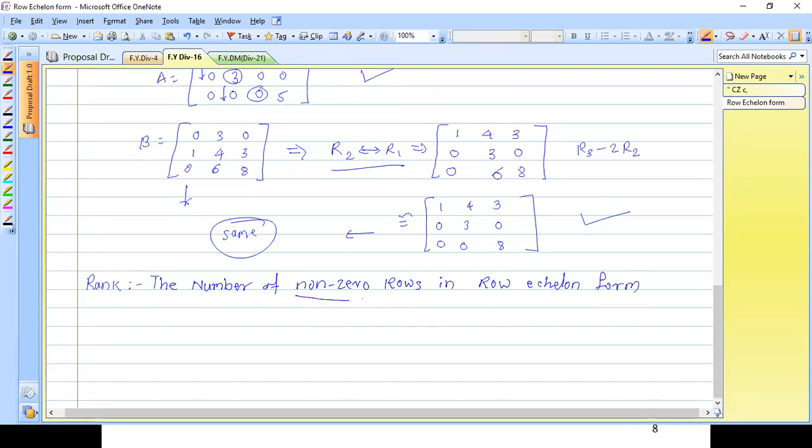What is meant by non-zero rows? The rows which are not entirely zero.